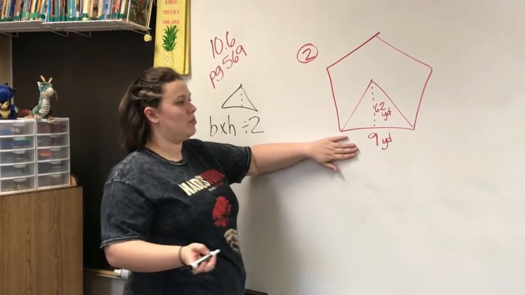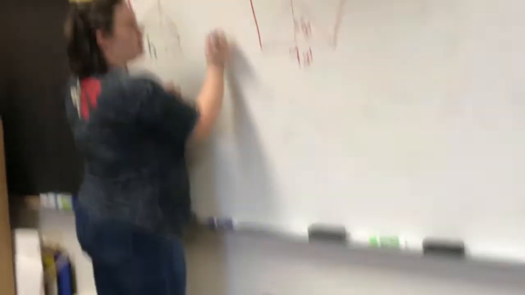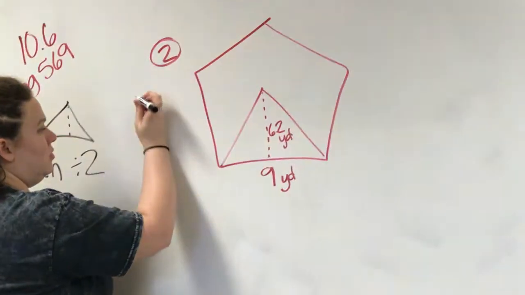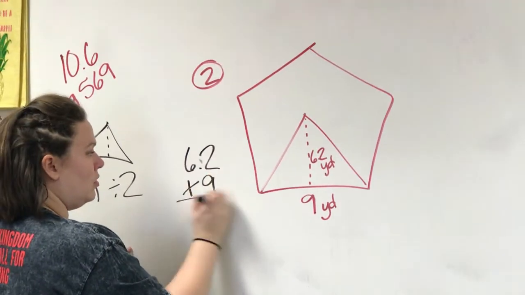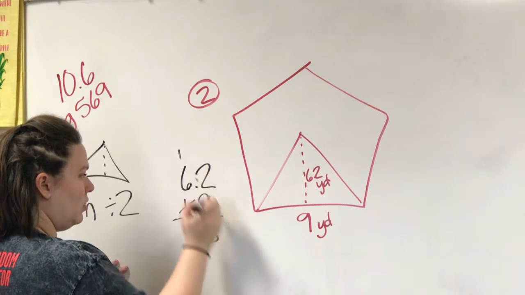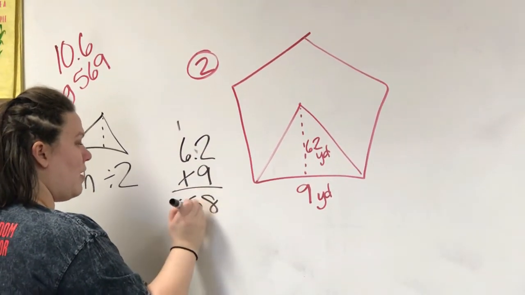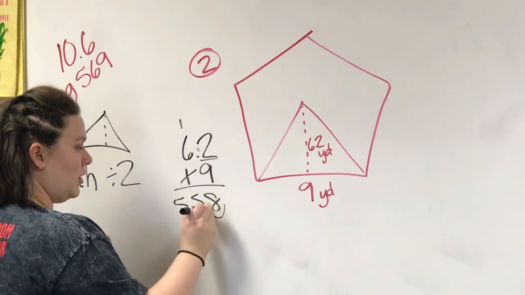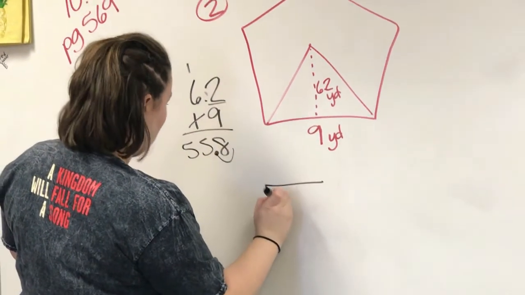So let's start out with this one on number 2 in your book. Take your base times your height. 54 plus that, 55. There's 1 decimal place, bring it over. Base times my height divided by 2.